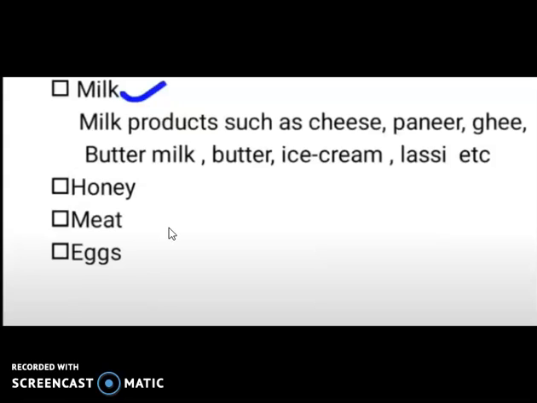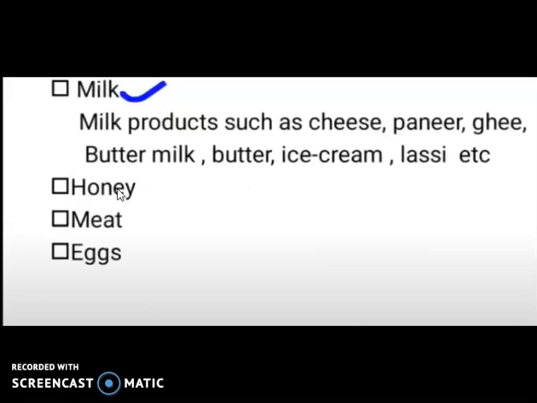You know that we drink the milk of cow. The milk products that we eat are cheese, paneer, ghee, buttermilk, butter, ice cream, lassi, etc. Now you must be very thirsty and drooling to eat it, isn't it? Hearing the names of ice cream, cheese, paneer, etc.